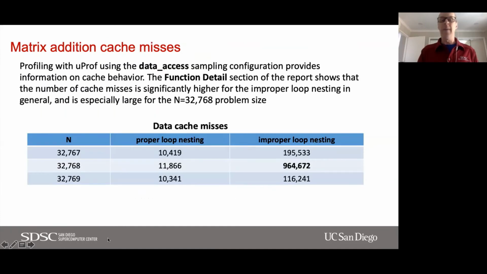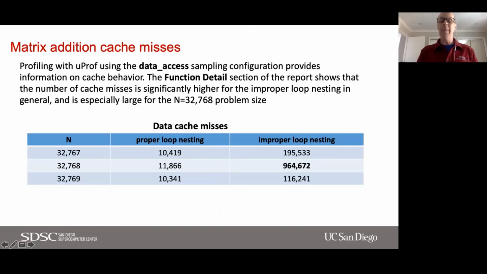So what I find when I look at the output from uprof using data access is I get information on cache behavior. What I'm showing in the table now is the number of cache misses. When I use the proper loop nesting, there are around 10 to 11,000 cache misses.